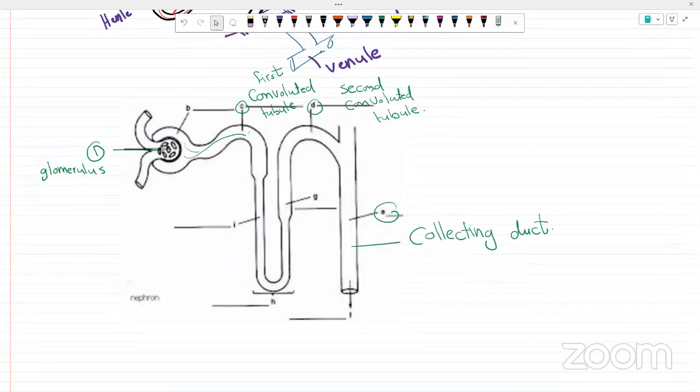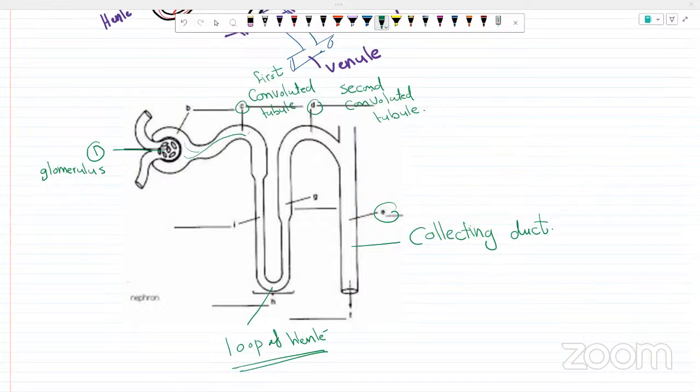And this one, it's the loop of Henle. Yes, so we should memorize the labeling of the nephron and the function of each part. We will know when we explain how urine is formed.